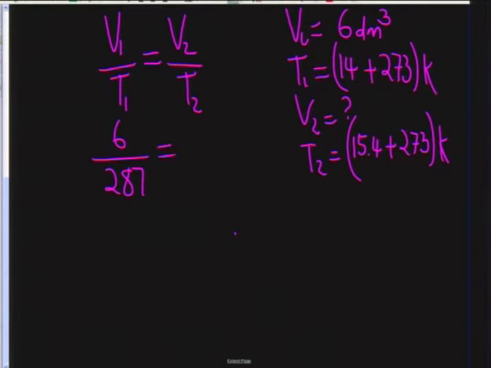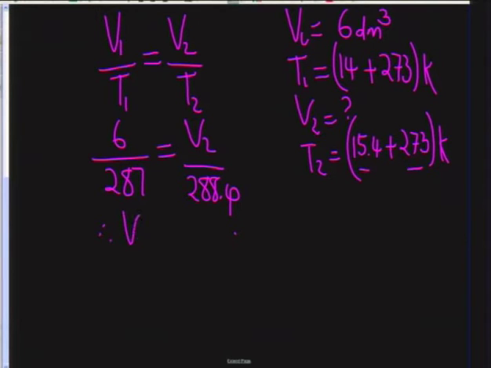That should be equal to volume 2, which we're looking for, divided by 15.4 plus 273, which will give us 288.4.